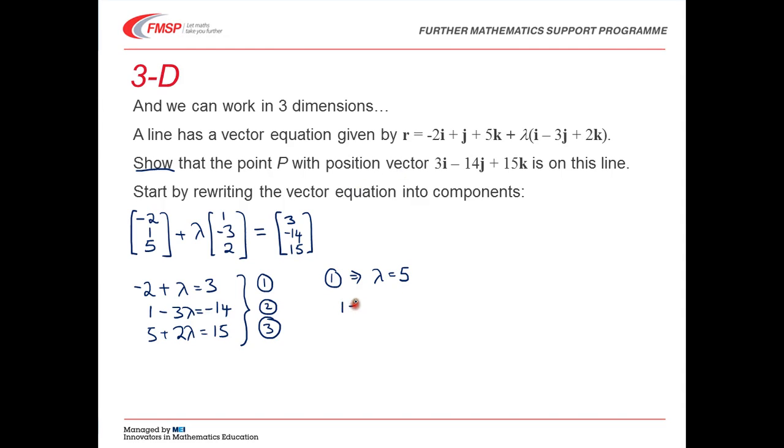So 1 minus 3 lambda, that's 1 minus 15, which is minus 14, which is what I wanted, and 5 plus 2 lambda is 5 plus 10, which is 15, which is the z component. So the point is on the line.